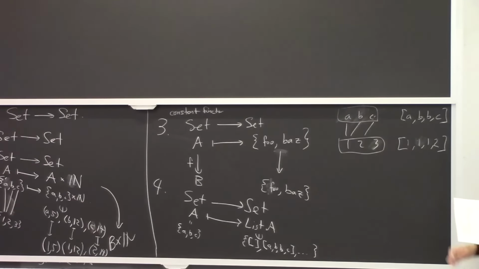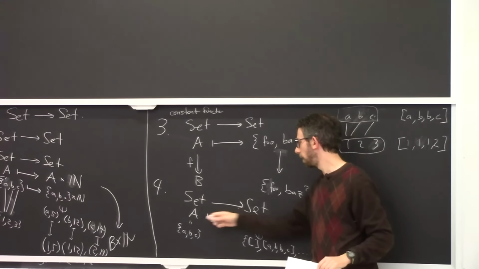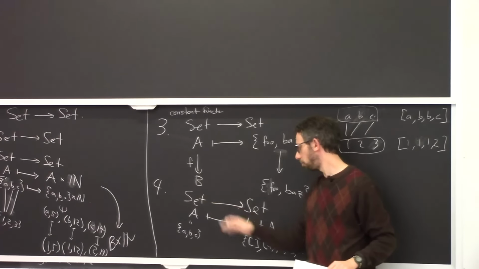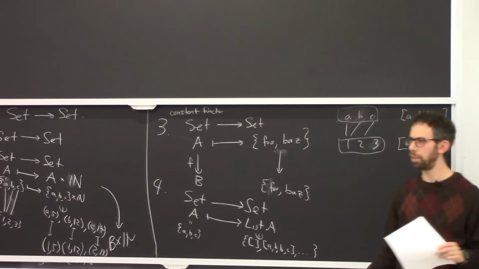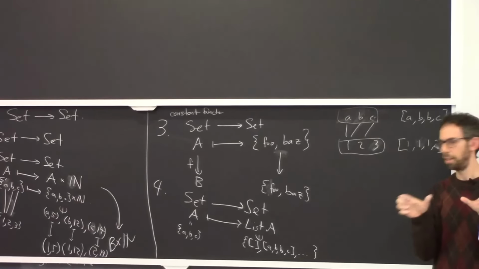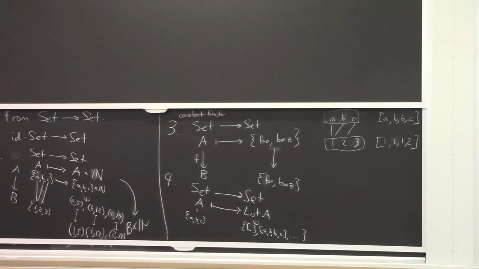And when I say it does that, that's not automatic, that you should have just guessed what it did. It's that I'm defining a functor right now, and that's what my functor does. You could give another functor from set to set that sent A to list A and did a different thing, if you could think of what to do. Like maybe it doubles every list. Maybe it does something fancy, who knows. But this one works, yeah.